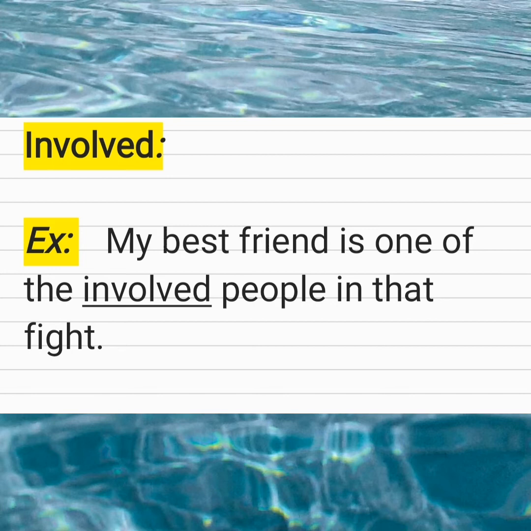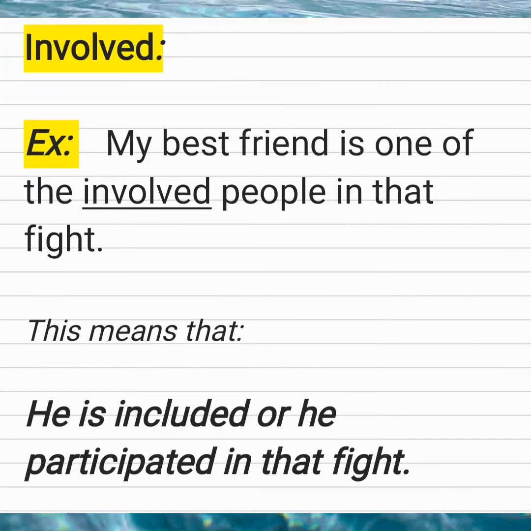The word here is an adjective because it described the noun people, and it means that my best friend is included or he participated in that fight. So he is one of that group. Well, the word involved means to be included in something.